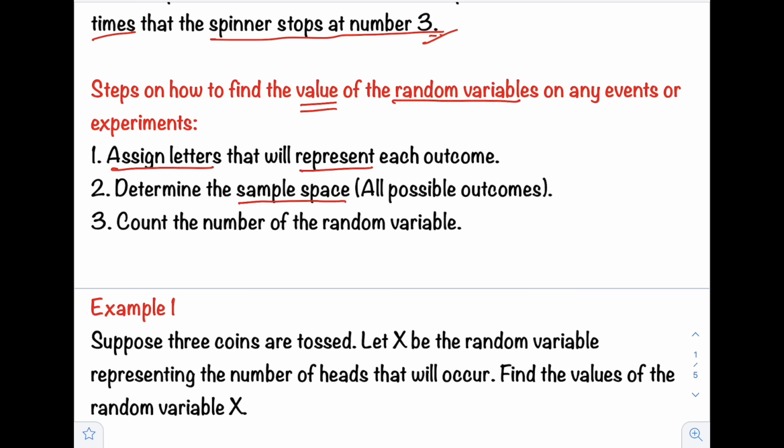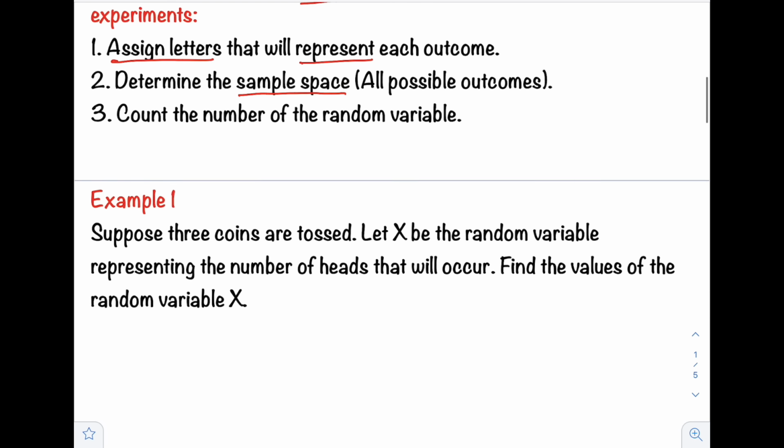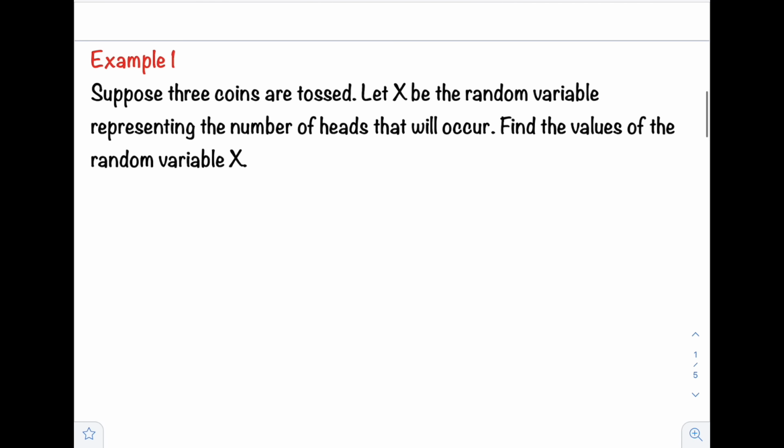So, let's have example number 1. Suppose 3 coins are tossed. Then let x be the random variable representing the number of heads. So dito, ang ating random variable is yung the number of heads that will occur. So find the values of the random variable x.